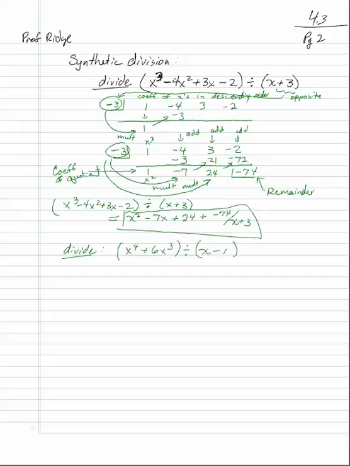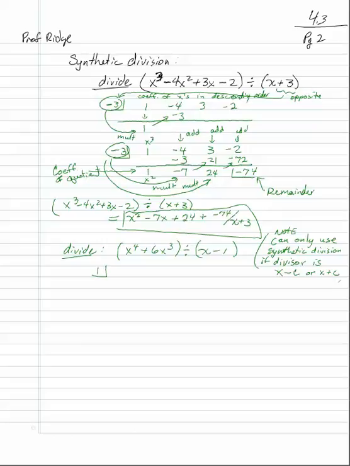Now to use synthetic division, you can only divide by x plus something or x minus something, right? So here's a note. Okay, so again, we're going to take the opposite, x minus 1, I'm going to take plus 1.